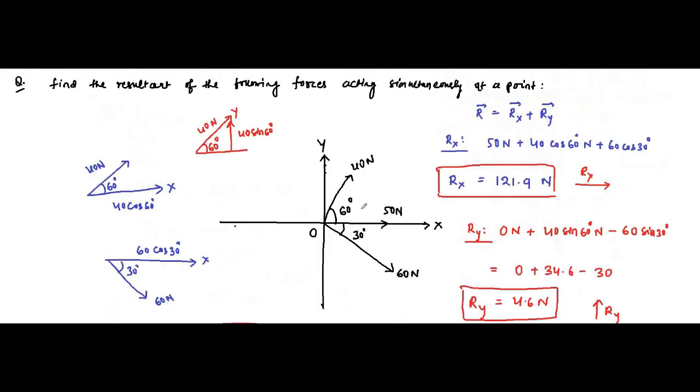This approach always simplifies the whole operation. This is an example which I thought we should discuss so that we understand this whole vector operation using the rectangular components approach.